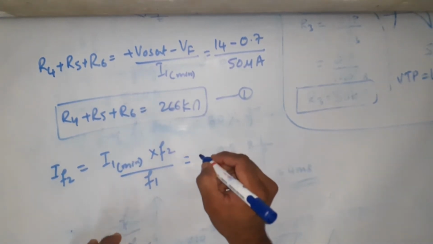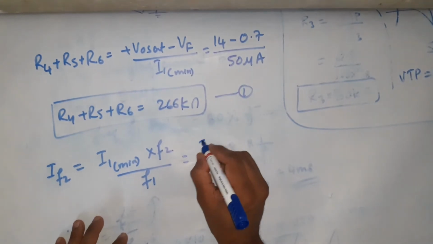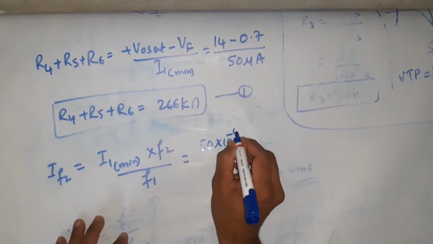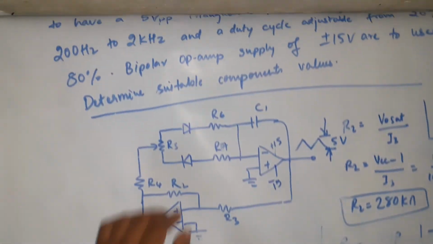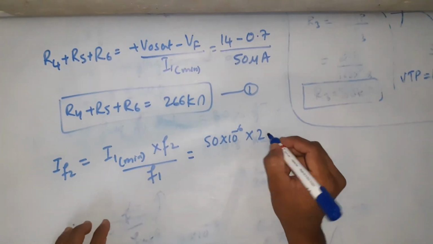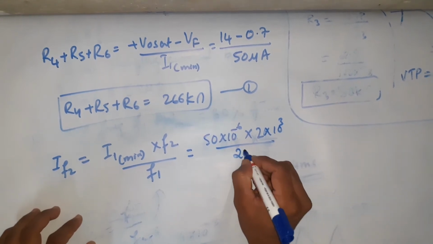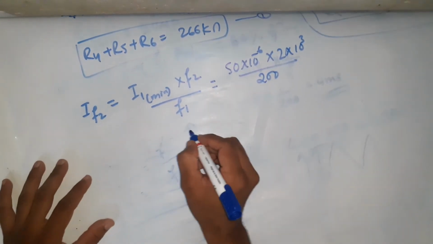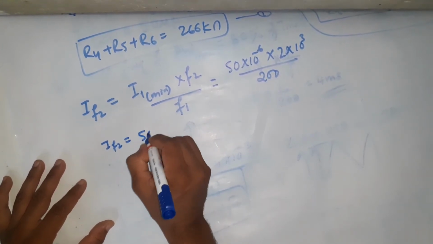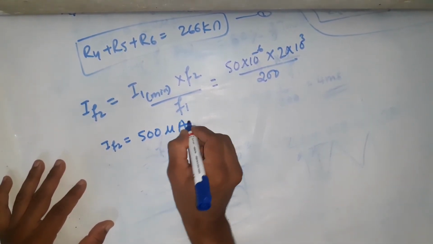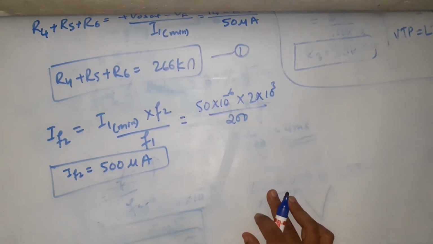What is our I1 min? 50 microamperes, 10 raised to minus 6, into F2. What is F2? 2 kilohertz, so 2 into 10 raised to 3, divided by F1, which is 200. So this will give you IF2 equal to 500 microamperes.